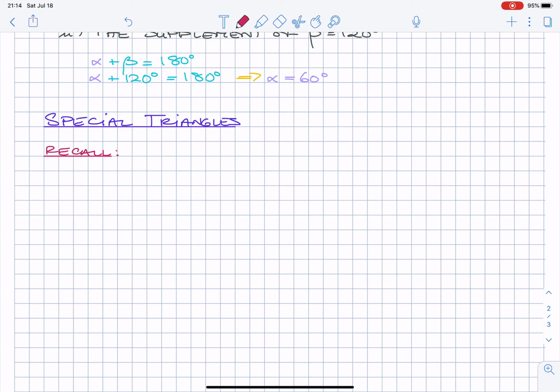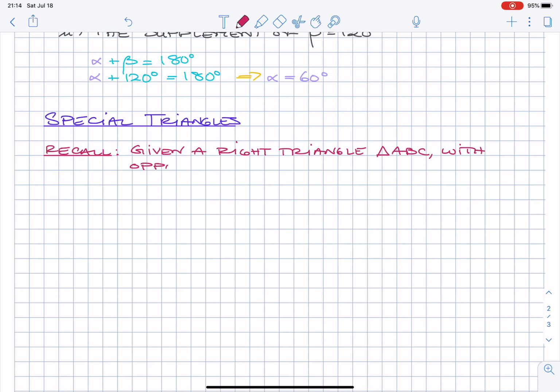So given a right triangle, meaning one angle is a right angle, or 90 degrees. Let's annotate this, triangle ABC, with opposite sides little a, little b, and little c respectively.